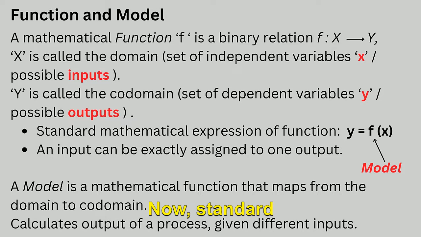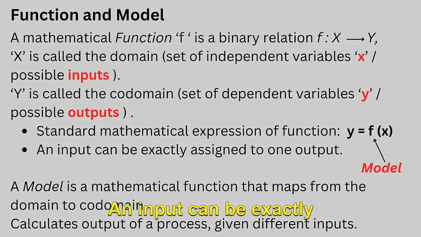Now, the standard mathematical expression of a function is y = f(x), and this is a very common expression where this f is basically a model. F represents, or is analogous to, a model.